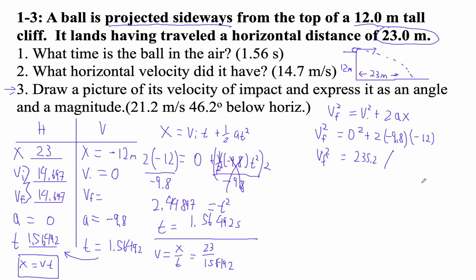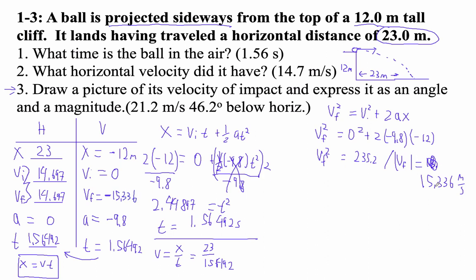So then VF, if we take the square root of that, VF is 15.336, right? The absolute value of VF is 15.336 meters per second. Now we know, of course, it's going down, so we're going to write negative 15.336.